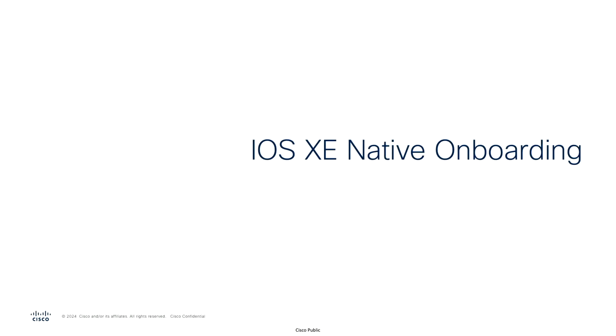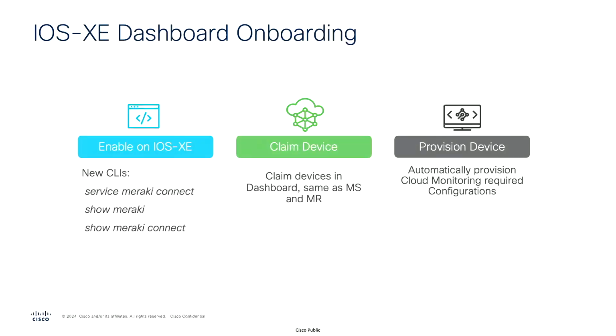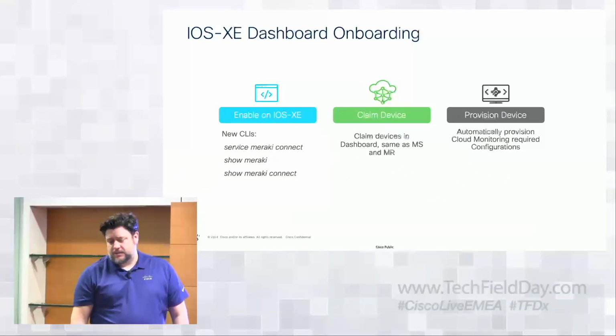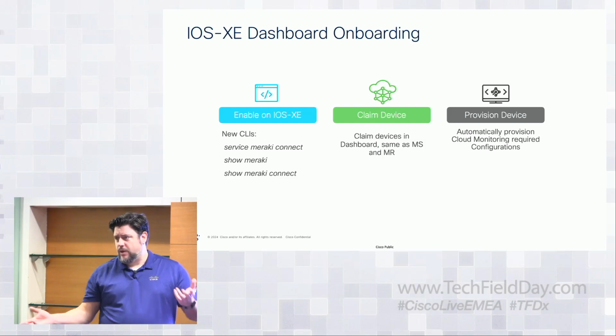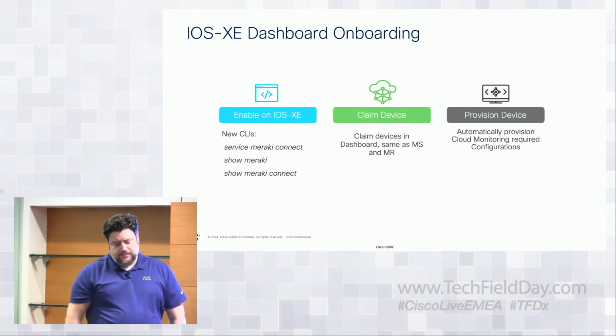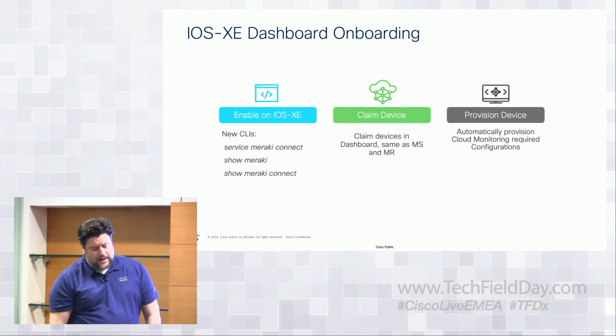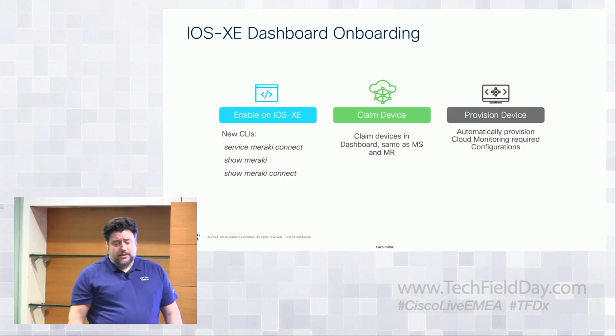All right, so let me talk a little bit about what the native onboarding is. The cool thing is you can enable this in IOS XE with one command. For those of you doing controller deployments and operations, probably more used to using the web UI, you of course can use the web UI as well. Single click. We've got a couple new CLIs and a couple show commands.